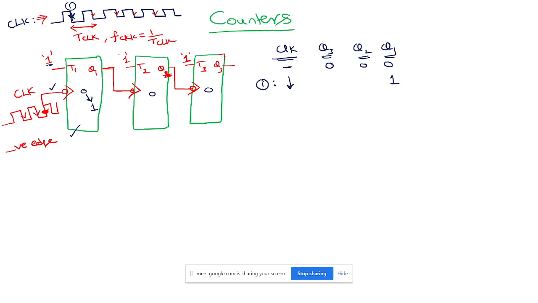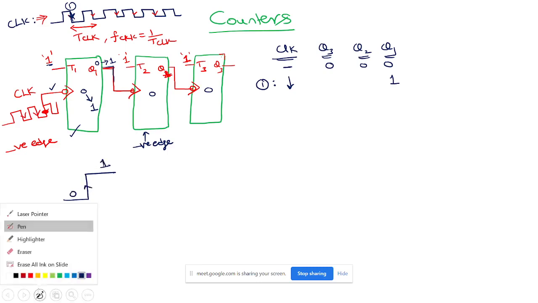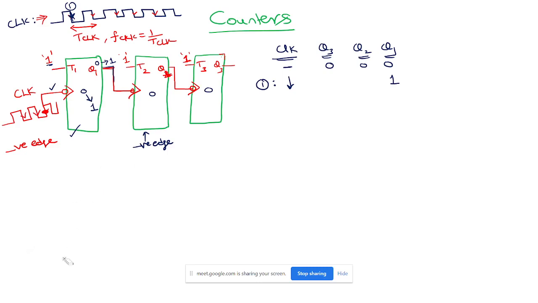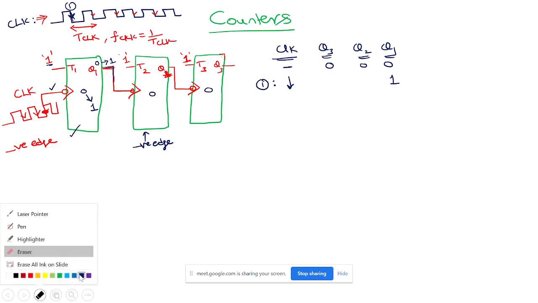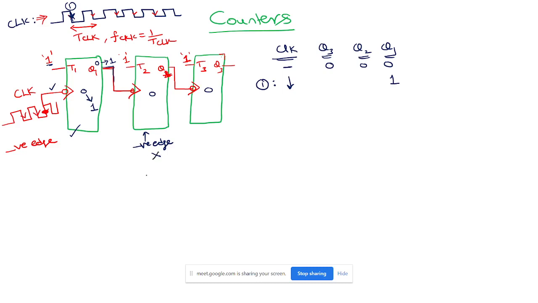Now 0 to 1 is happening here. This Q1 is changing from 0 to 1, and you are applying this as a clock here. But the second flip-flop is negative edge sensitive. Is 0 to 1 a negative edge or a positive edge? 0 to 1 is a positive edge, so this flip-flop is not sensitive to that and will not be activated at all.